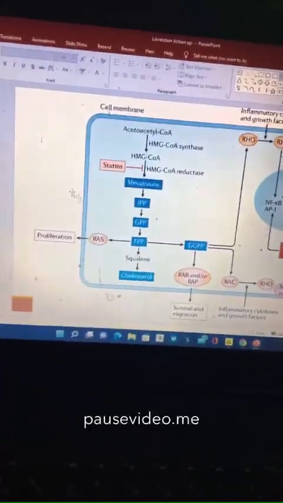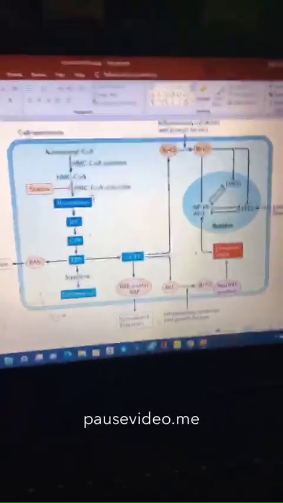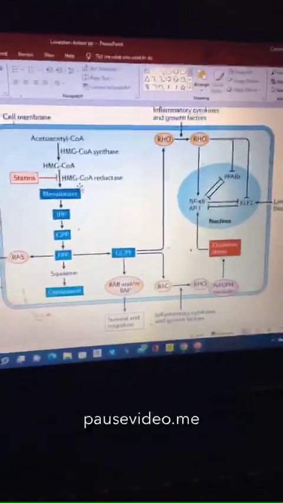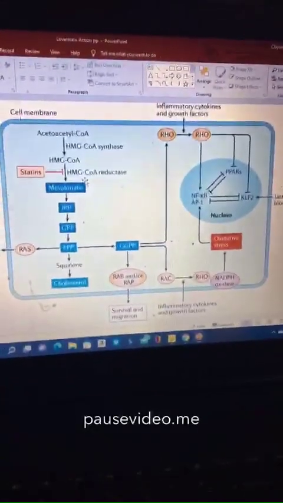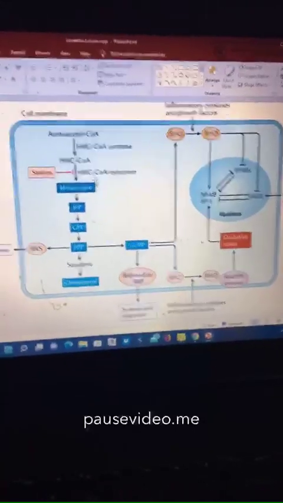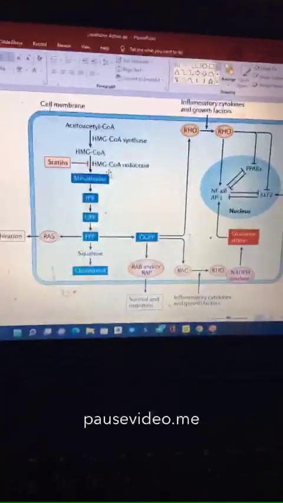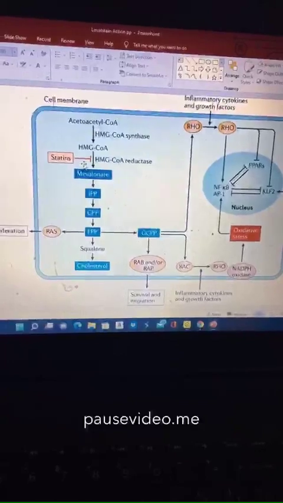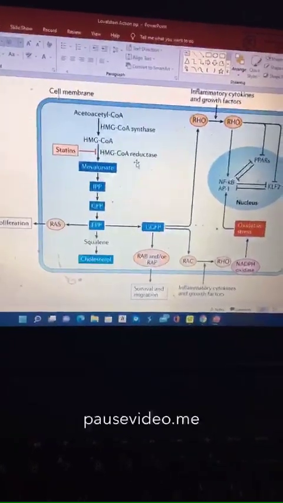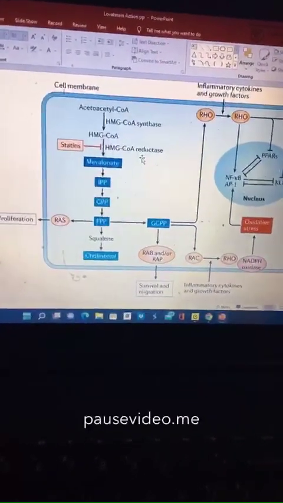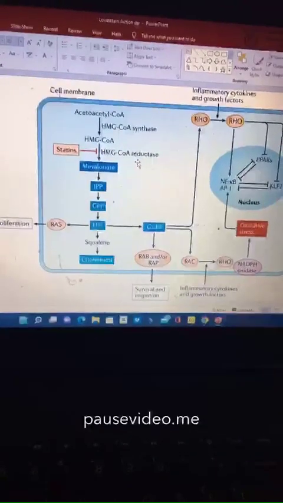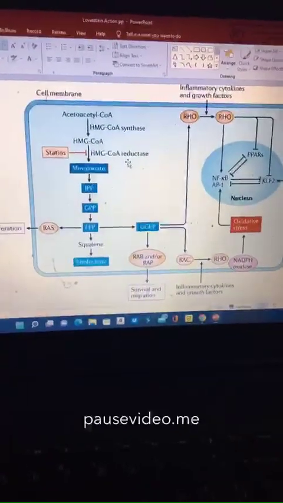So this is a good but short illustration that this is where a lot of statins work, quite early in the chain of producing cholesterol.